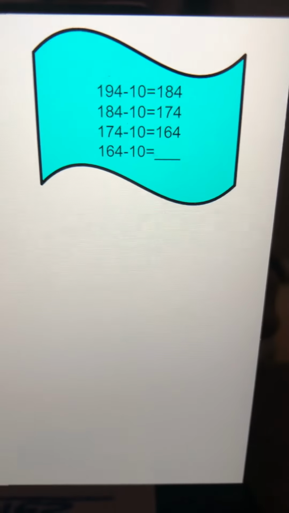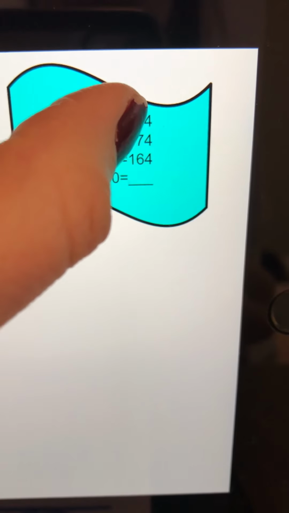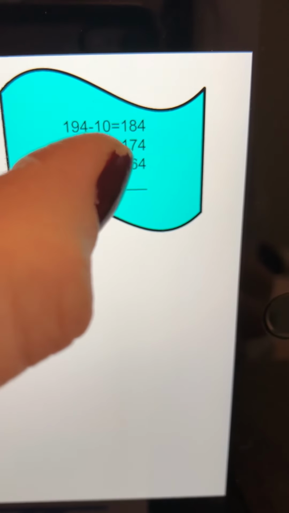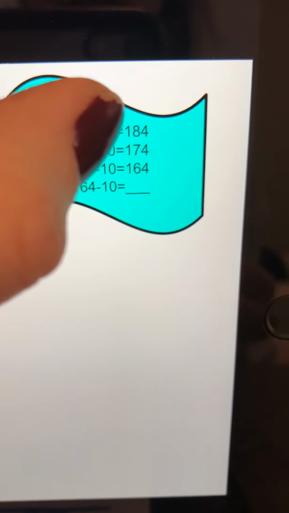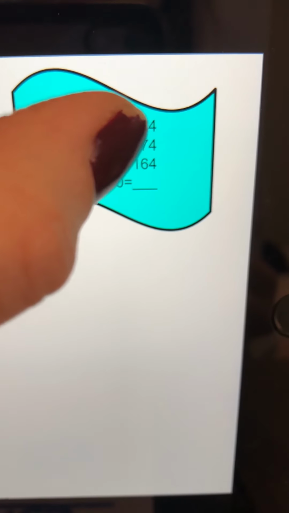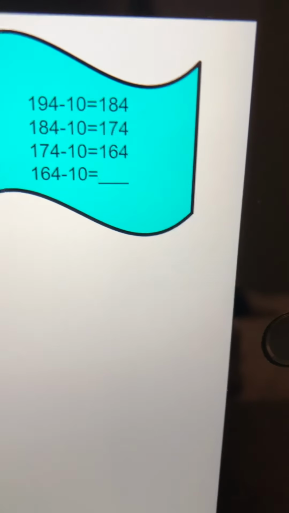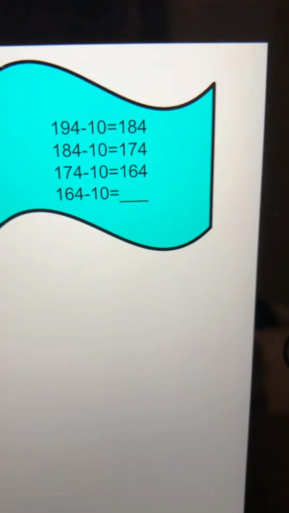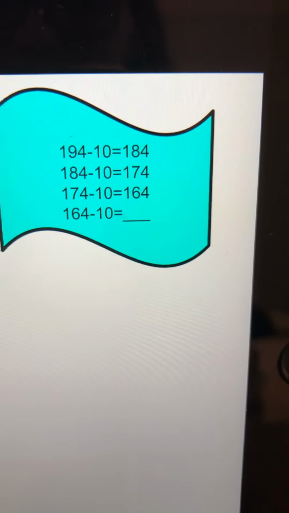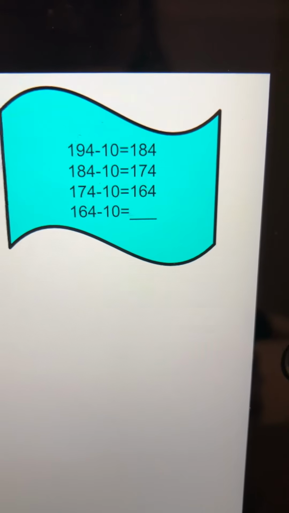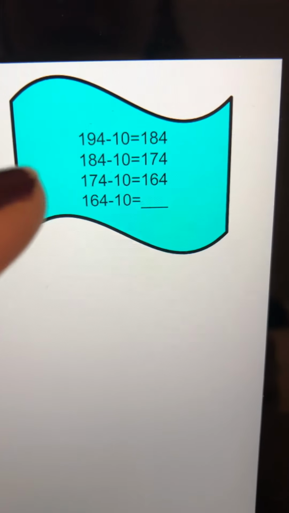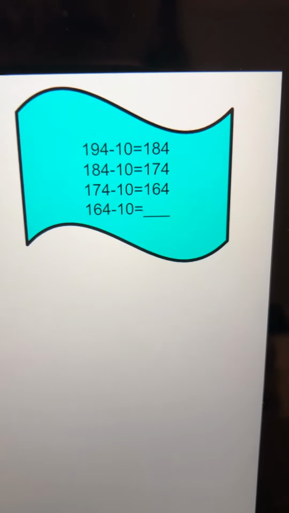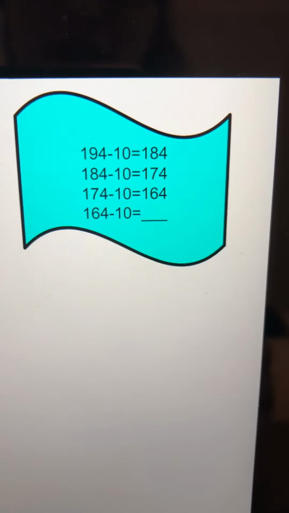All right. If I'm looking at my pattern, everyone knows now my ones are staying the same. When I'm subtracting a 10, look at my tens place value. It's going from 8, 7, 6. So isn't my tens place value going down? So what number would be next after 6? 5. Good. And what about my hundreds? Am I touching my hundreds?